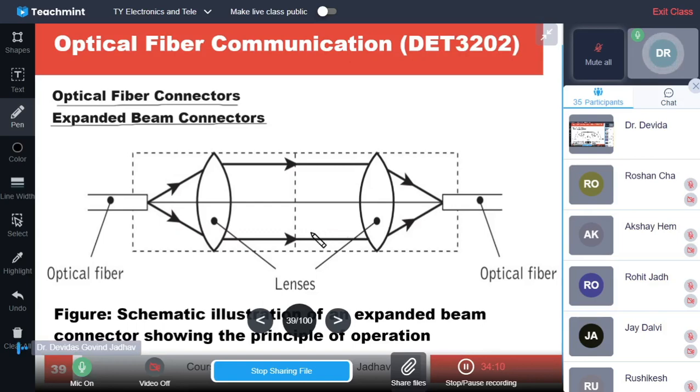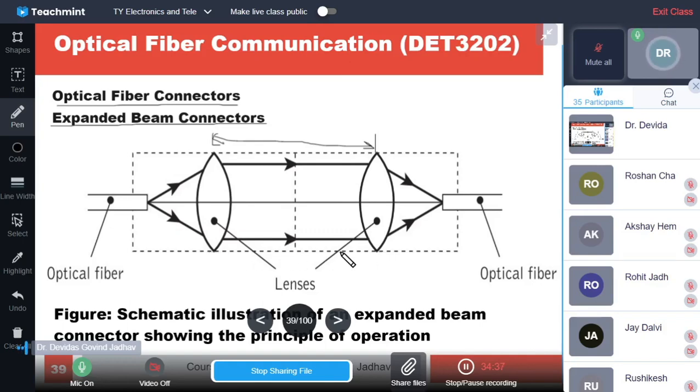Now, one thing in this is that the distance between the two lenses is adjustable and can be kept at any value. This can be variable, and it will not have any effect on the performance. It will not introduce any loss.